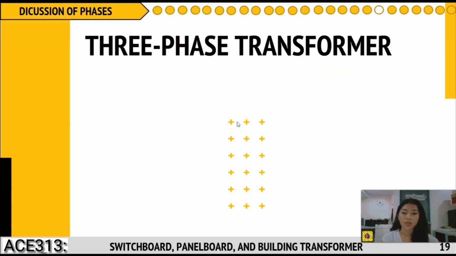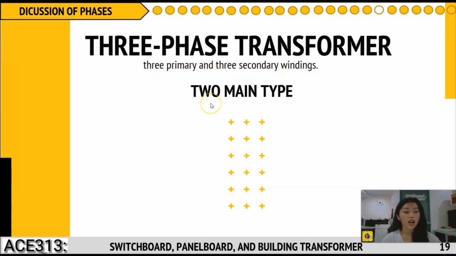Three-phase transformer: three primary and three secondary windings. So always remember that a three-phase transformer has three primary and three secondary windings. There are two main types of three-phase transformer.